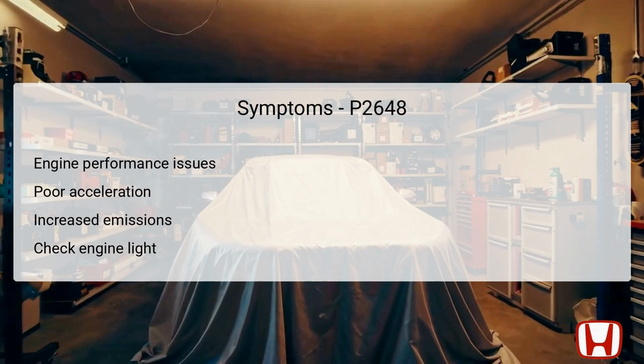The check engine light will typically illuminate on the dashboard, indicating that a diagnostic trouble code has been recorded. Furthermore, compromised performance of the VTEC system might result in a generally rough idle or fluctuating engine behavior, making it imperative for owners to seek out diagnostics as soon as symptoms are observed. Understanding these warning signs can help prevent further damage to the engine.